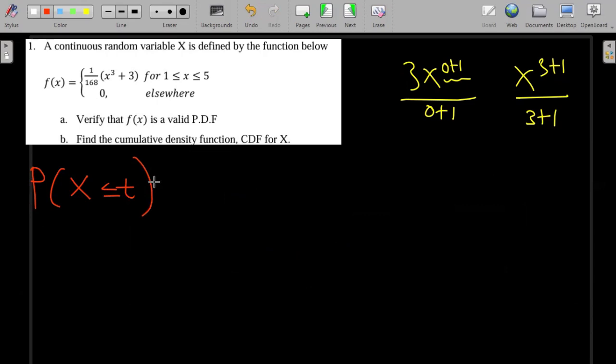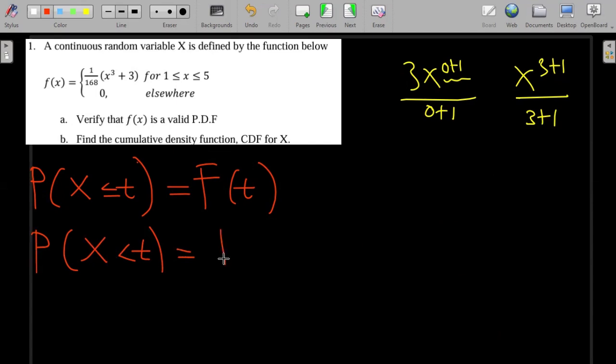This here is what we call the CDF. So in other words, we are just going to represent it by F of t, like this. Whenever you see something like this or something like this, it's the same. Also, the probability of x less than t is still going to give you this F of t.